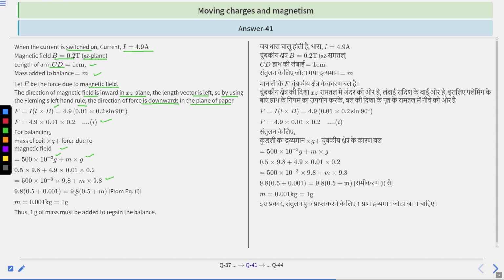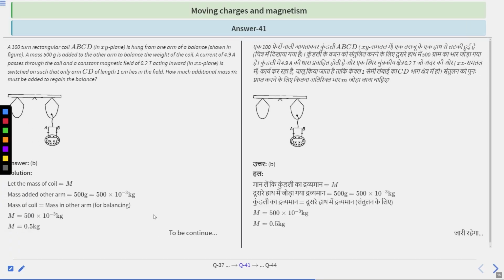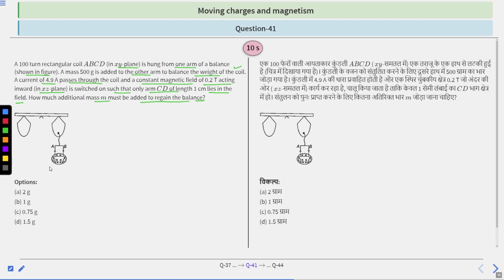Solving this, you get this expression. So from this expression and equation first, m is equal to 0.001 kg, which is equal to 1 gram. Thus 1 gram of mass must be added to regain the balance. Clear? So 1 gram is the correct answer. So option B is correct. Clear?